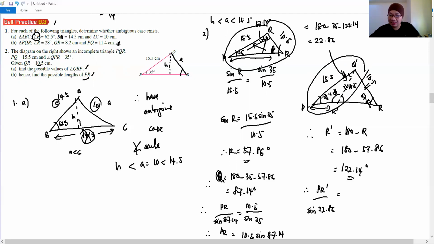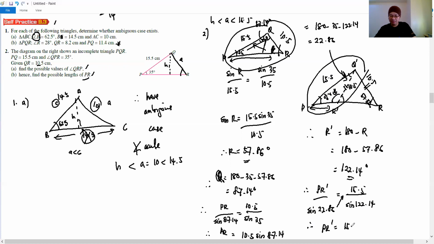The second partner will be 35 with 10.5 or 122.14 with 15.5. Now you can choose which one you like. Let's say I'm using the double arrow, 122.14. So it equals 15.5 partnering with sine 122.14.